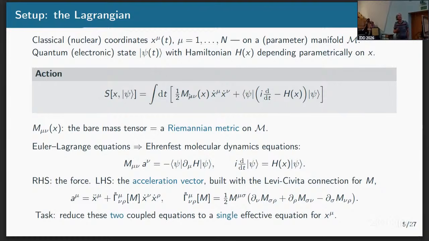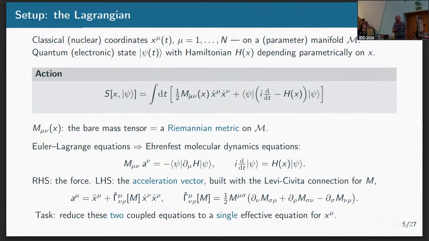You just look at the Euler-Lagrange equations, which define the molecular dynamics. You have the standard Newton equation for the nuclei, which is forced by the force coming from the Hamiltonian describing the electronic state. Note that the main parameter that parameterizes everything is time, so we assume that we have time dependence in the Hamiltonian due to the time dependence of the position of the nuclear degrees of freedom.